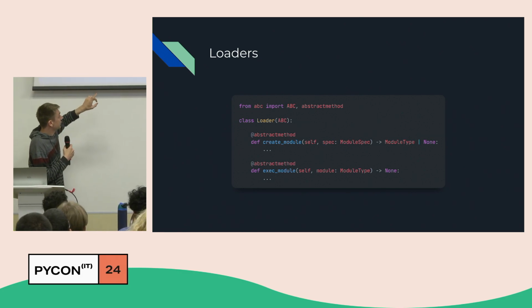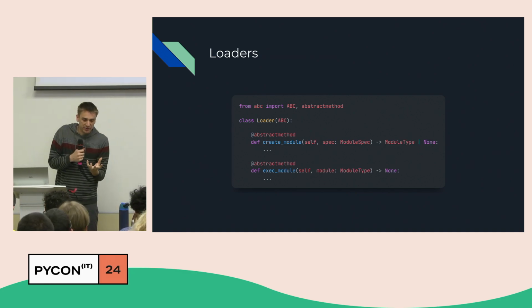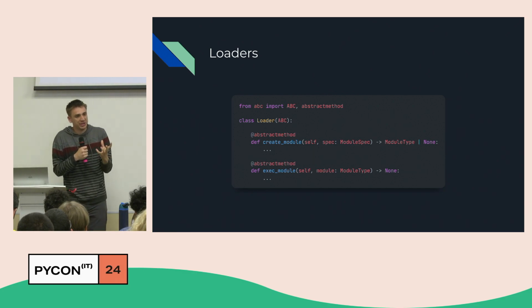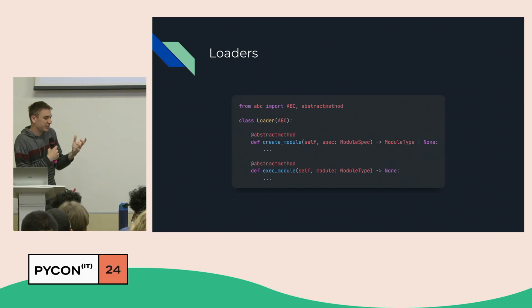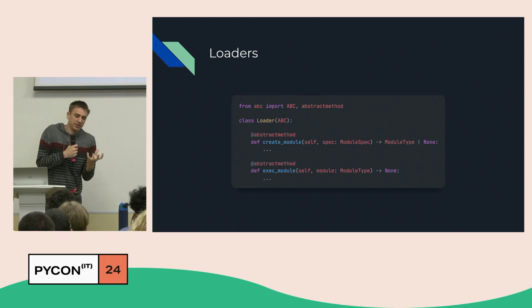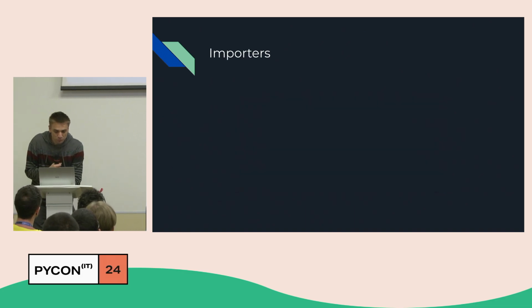And then the exec module is actually responsible for taking the file that it found, or the SO, or however it's getting the module, and shoving all the things into its dict attribute. So this is how if it's a source file, it basically execs the file and takes the contents of that file and puts it into the dictionary of the module.